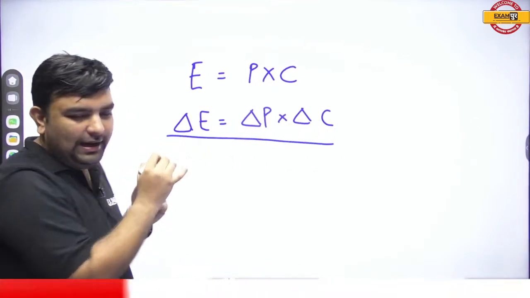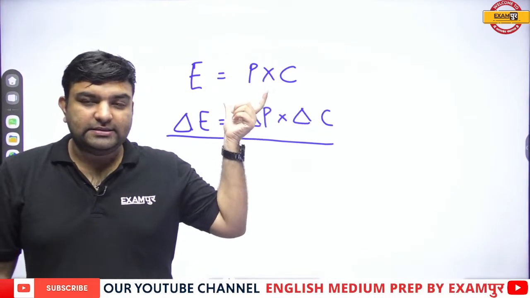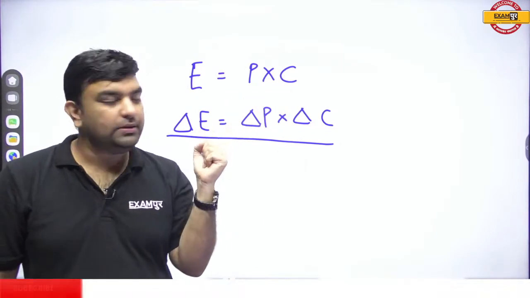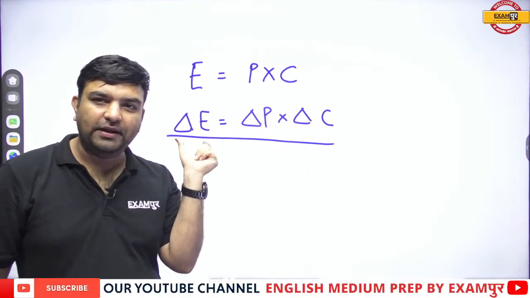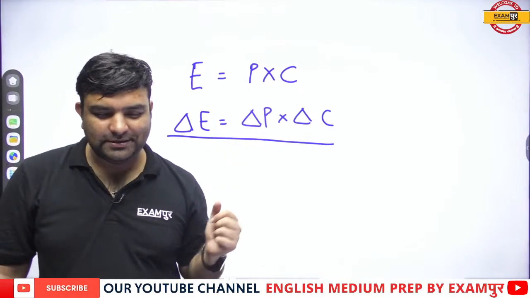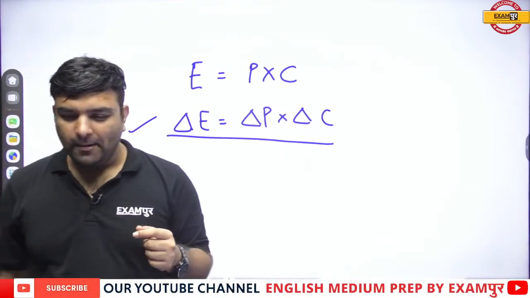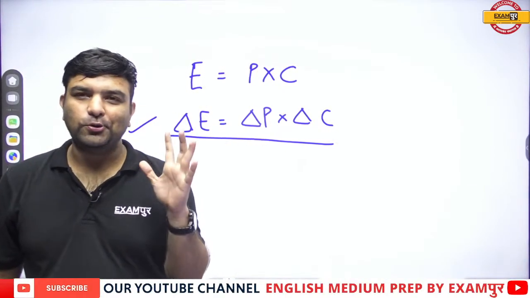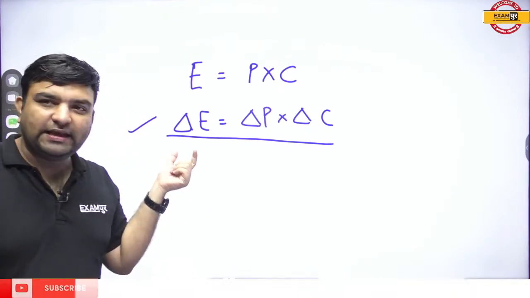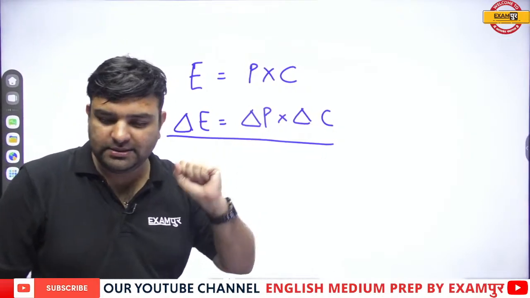That would also be valid, isn't it? And this is the point, guys, which I'm going to use. So change in expenditure should be equal to change in price into change in consumption.